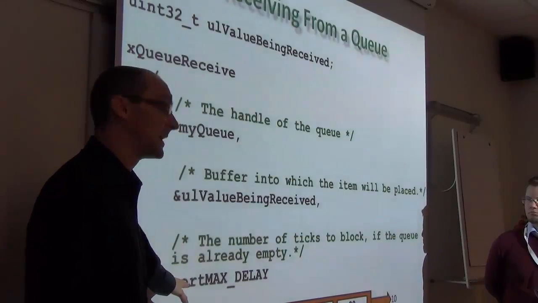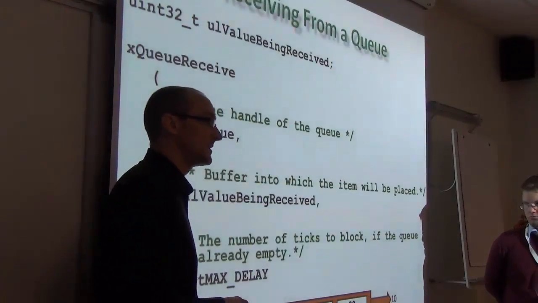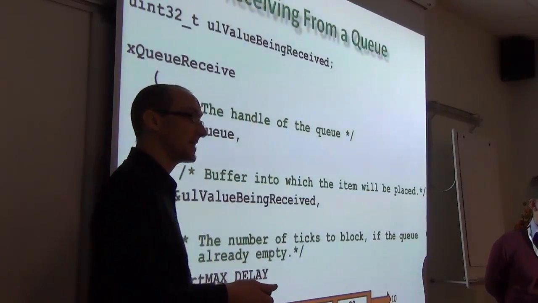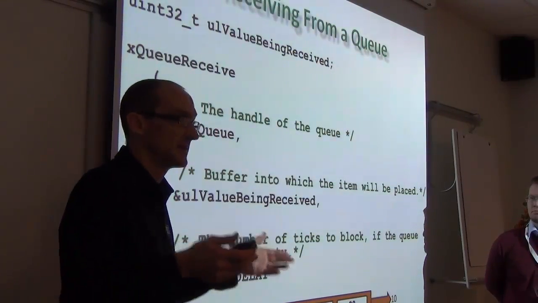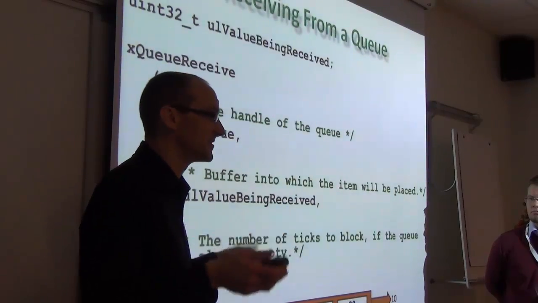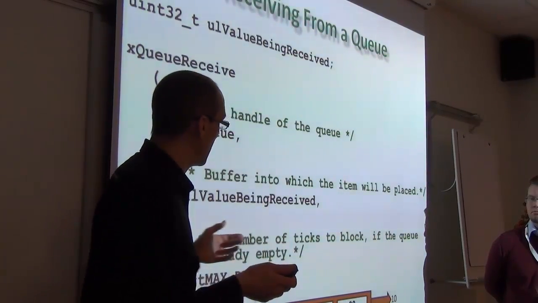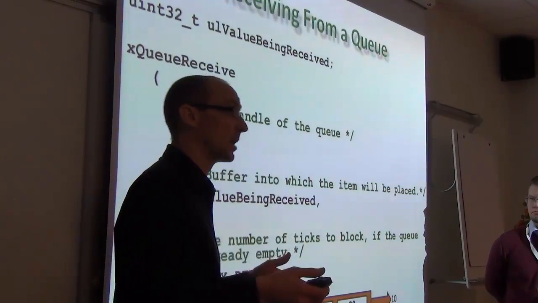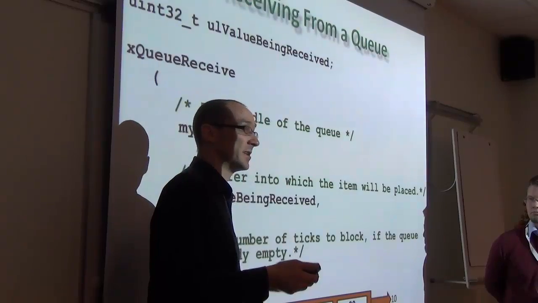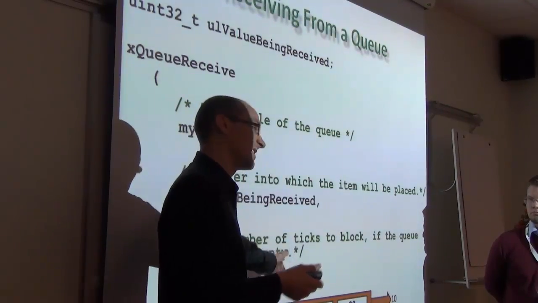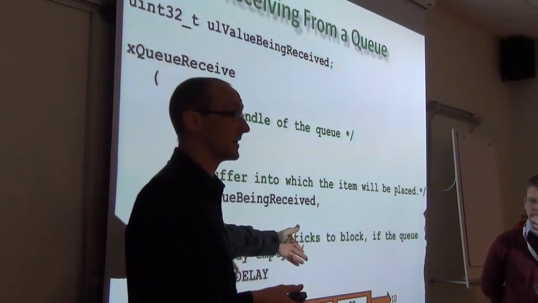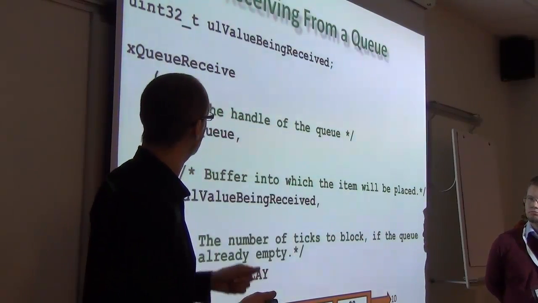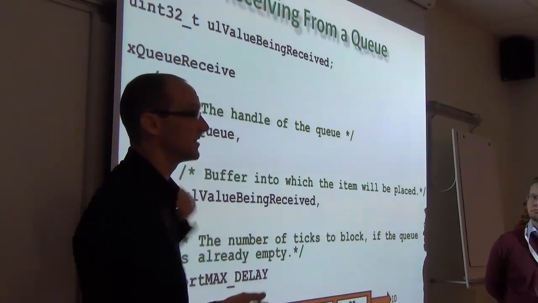And again, you can pass in a block time. So if you want to receive from the queue, but the queue is empty, you can say, I want to wait 200 milliseconds, 10 seconds, a year, whatever, for data to arrive, and you will be in the block state, not using any CPU time at all. When you either time out or data arrives, then the kernel will automatically move you back into the ready state, and you just check the return value.